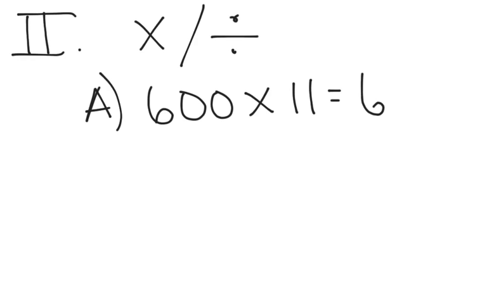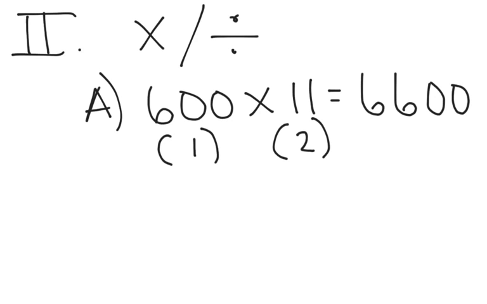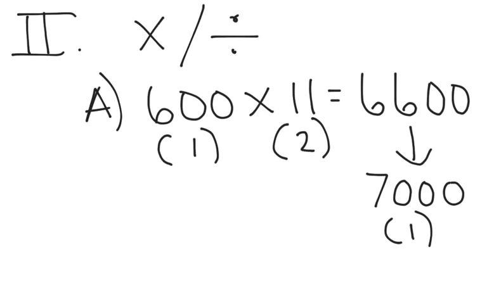That equals 6,600. Now the number 600 has 1 significant figure, and the number 11 has 2 significant figures. So my answer should therefore be rounded to 1 significant figure, or to 7,000, which is 1 significant figure.